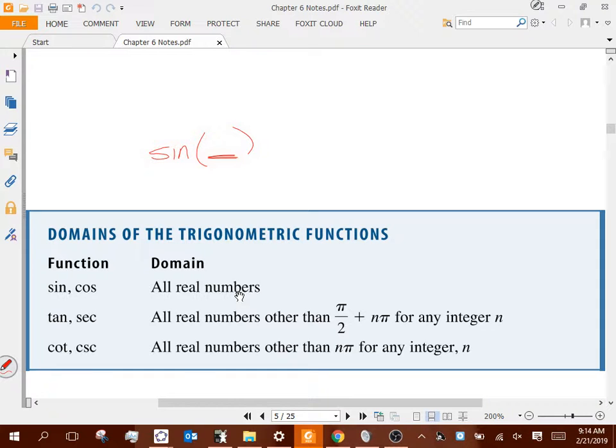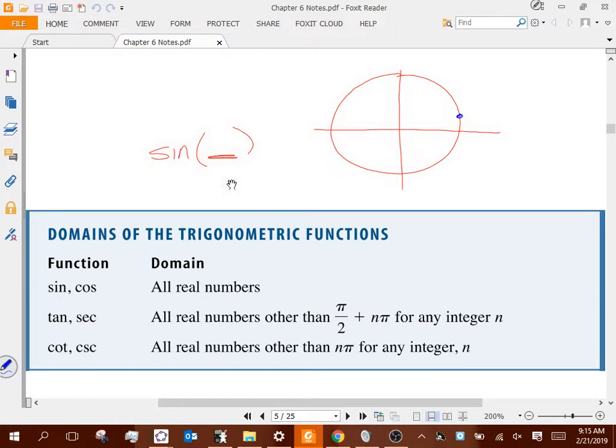And the reason for that, and remember, we've talked about on the unit circle, the sine on the unit circle, if that's just an arbitrary point, I take that arbitrary point and I rotate it all the way around, the sine is the y value, isn't it? Okay. Well, is the y value ever non-existent there?